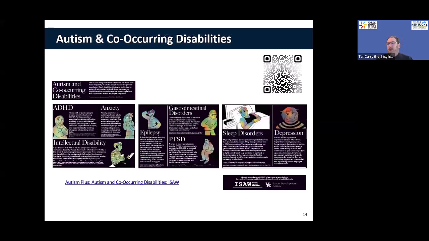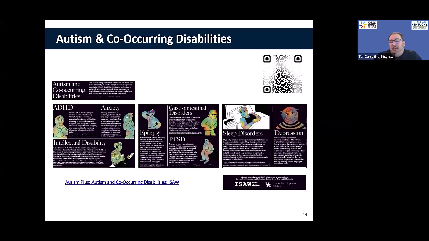As we get into this presentation, you will notice that there are some QR links. This resource was one that I added: autism and co-occurring disabilities. Those co-occurring disabilities, ADHD, anxiety, intellectual disability, epilepsy, gastrointestinal disorders, PTSD, sleep disorders, and depression, can all affect autistics differently.